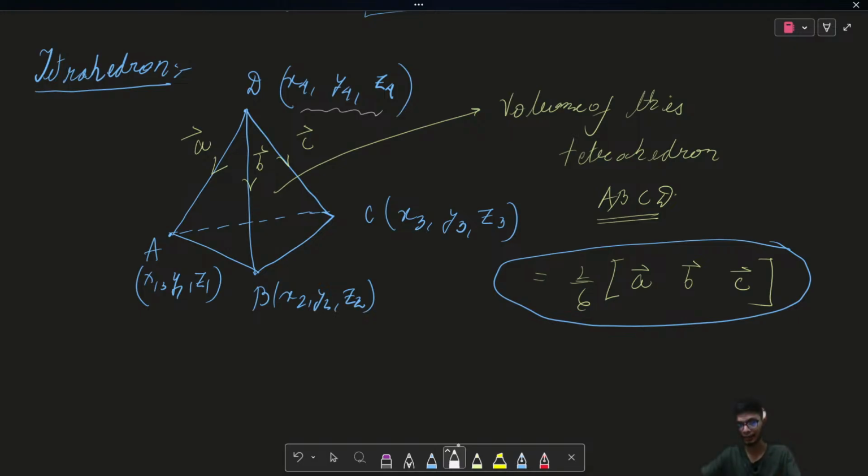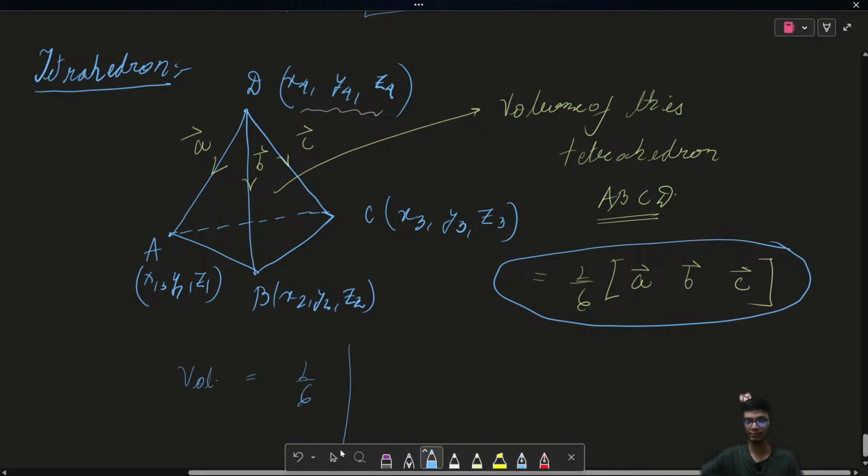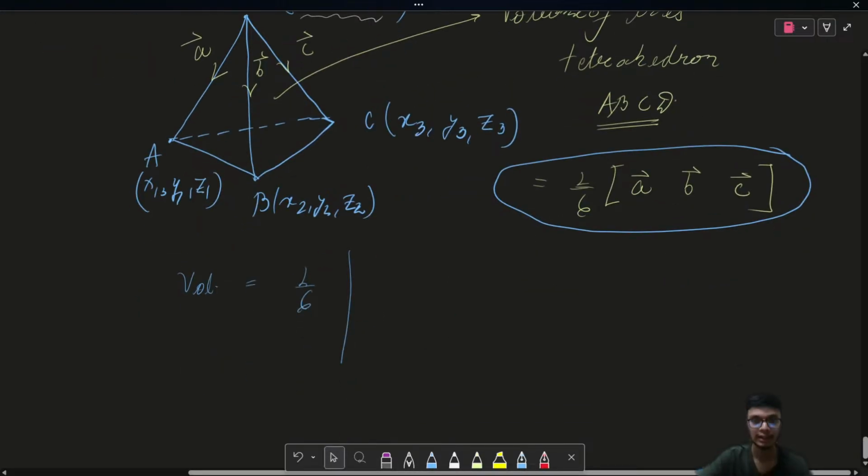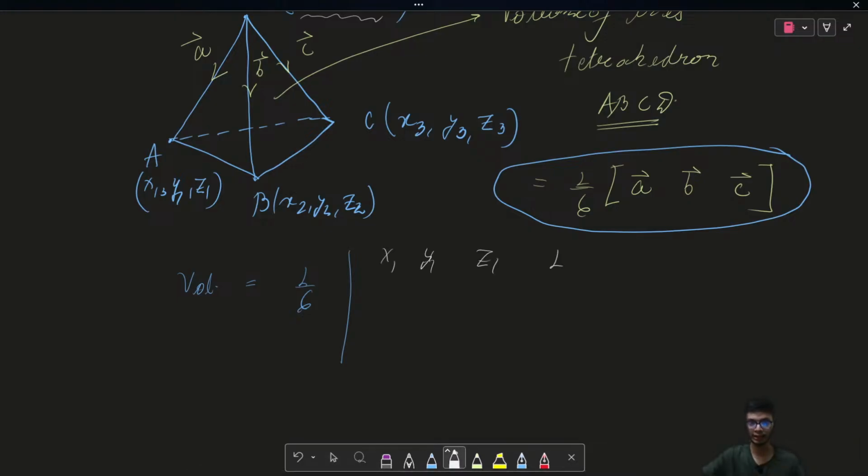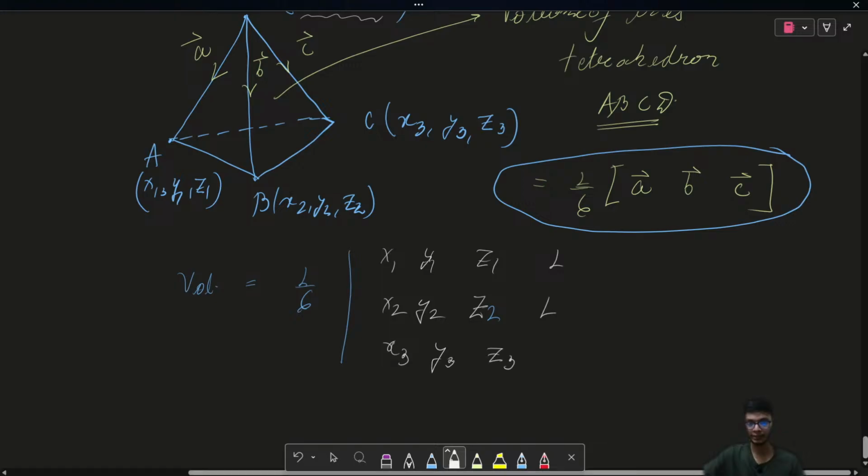If you want a faster approach, you can find the same volume as 1/6 times the determinant of this 4 by 4 matrix, which is x1 y1 z1 1, x2 y2 z2 1, and similarly x3 y3 z3 1 and x4 y4 z4 1.